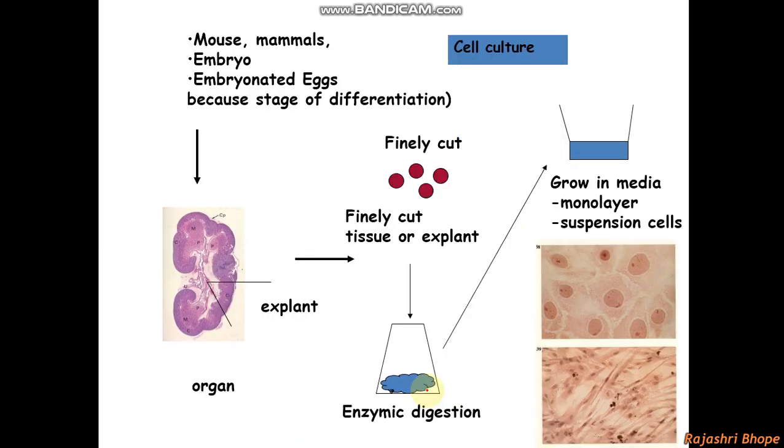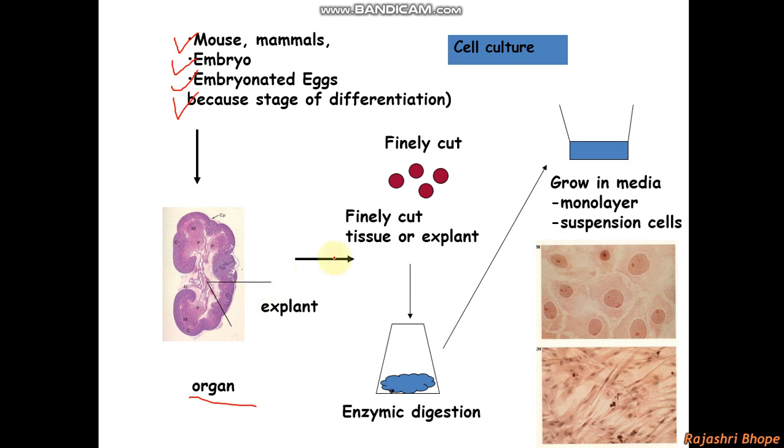These are the basic steps of cell culture. First, you have to choose a healthy individual. Then you have to choose the explant, whether you are going to use an embryo or any other organ, or whether you are going to choose eggs. Okay. Then the organ is extracted.